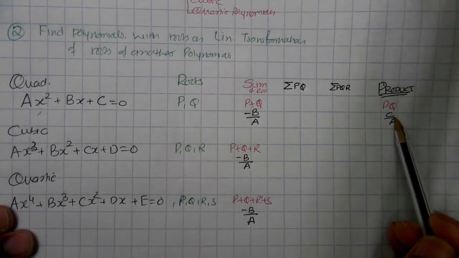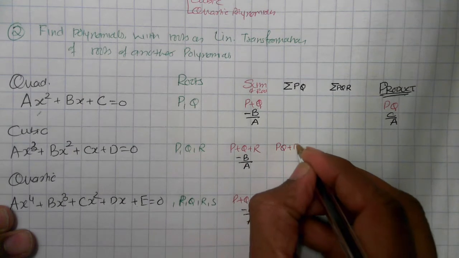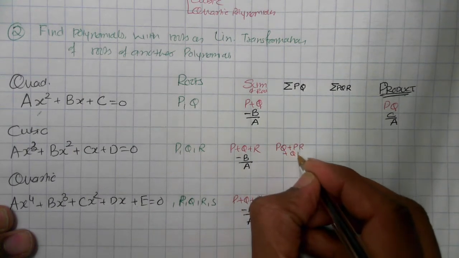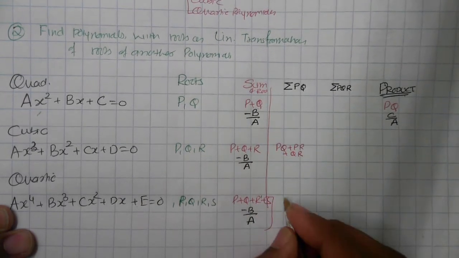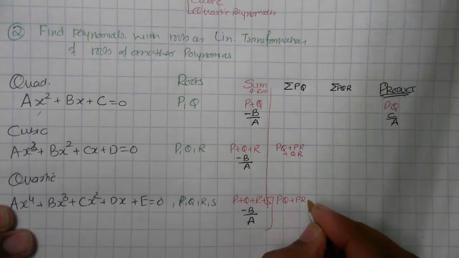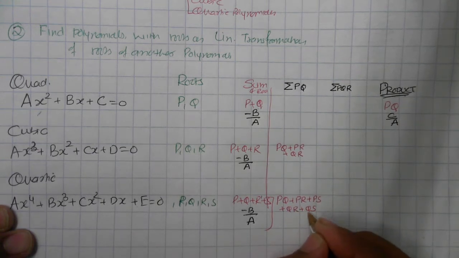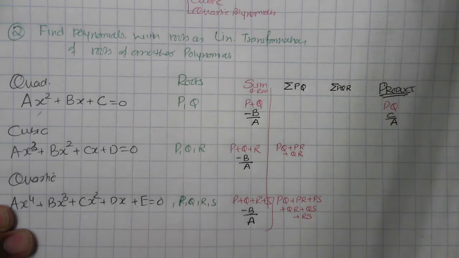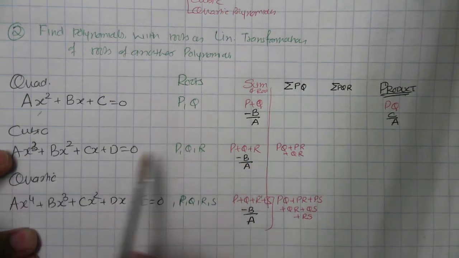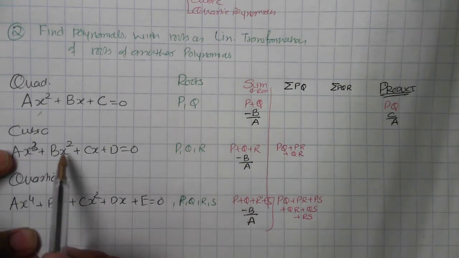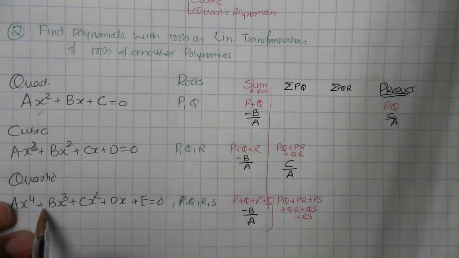Over here, taking two at a time, with the three roots, this becomes P times Q plus P times R plus Q times R. Taking two at a time here, this will be P times Q plus P times R plus P times S plus Q times R plus Q times S plus R times S. Okay, and the answer is, have a look, guys, plus minus plus, so C over A. Here as well, plus minus plus is C over A.